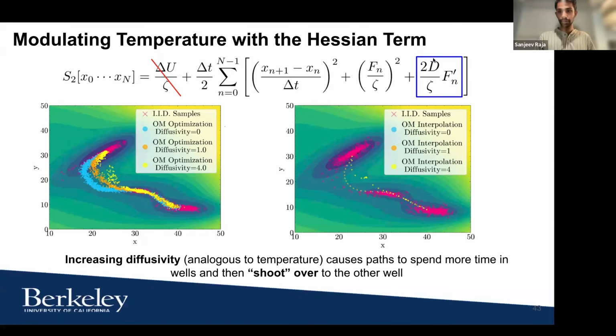So here it's written as a D, which is diffusion, but there's a simple relation, the Stokes-Einstein relation, that relates diffusion and temperature. So you can think of increasing diffusivity here as analogous to increasing temperature.